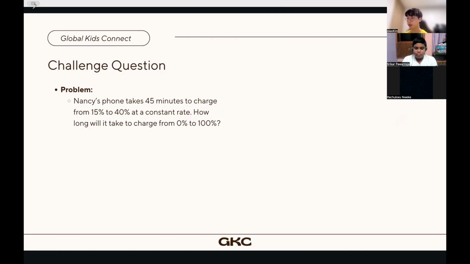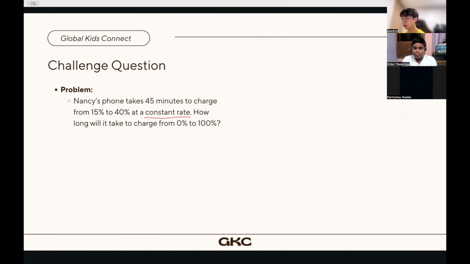And so, this is a ratio problem. It will be a ratio between the time it takes to charge and the percentage that it charges. And so we're given that Nancy's phone charges at a constant rate, which means if the charging rate is constant, then it is a proportionality problem.